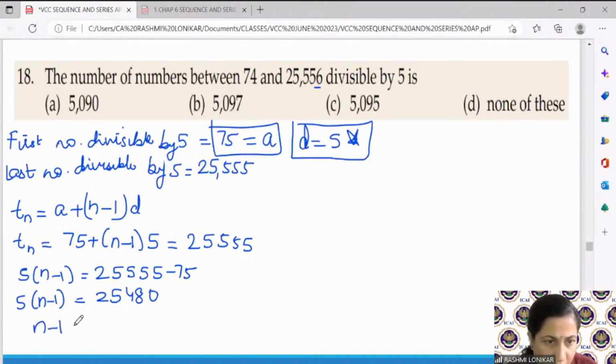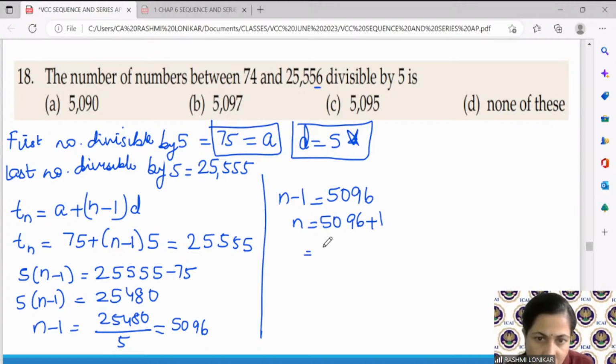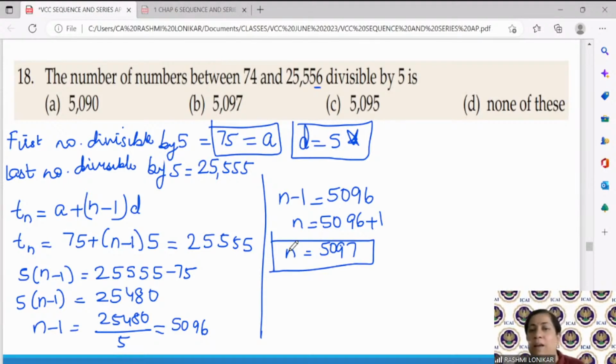So n minus 1 will be equal to 25480 upon 5, divided by 5 is 5096. Okay, so I have n minus 1 is equal to 5096. n is equal to 5096 plus 1, which is equal to 5097. So there are 5097 numbers between 74 and 25556 which are divisible by 5. So B will be the correct answer.